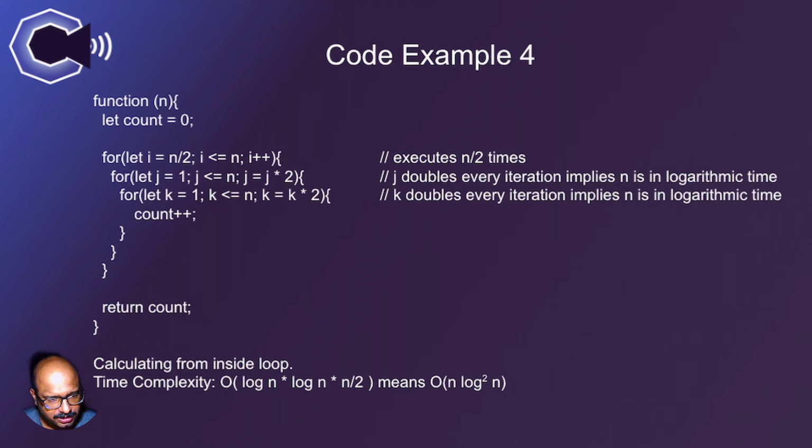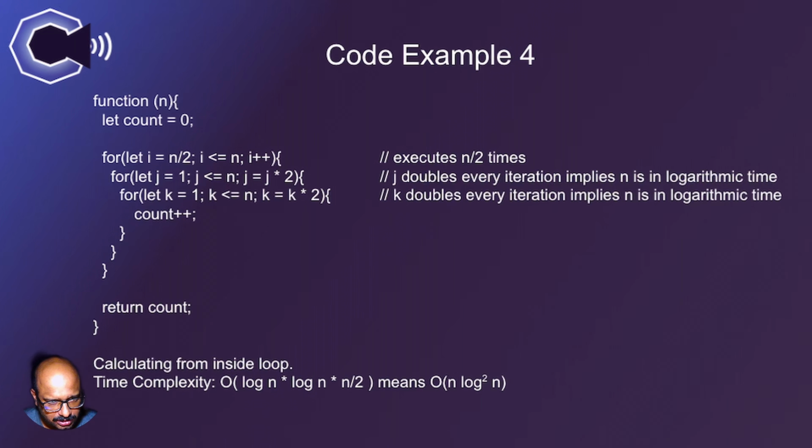Moving on to code example 4. Here we have a function with a nested for loop and we will start from the innermost loop. The innermost loop will run until k is greater than n. Observe that k increases in logarithmic time because k is multiplied by 2 in each iteration. The same is the case with the middle loop, where the loop terminates when j is greater than n, and j is also multiplied by 2 for each iteration.